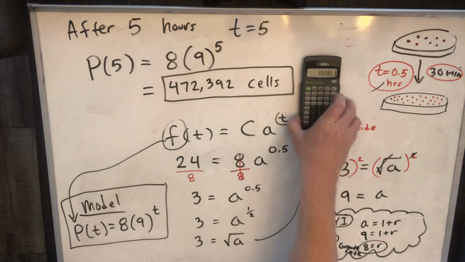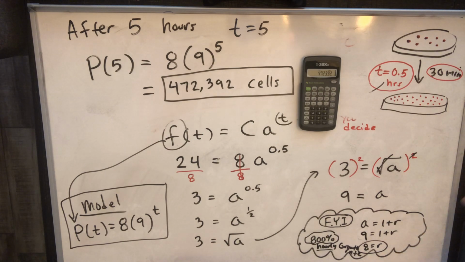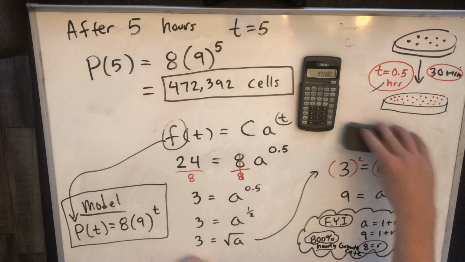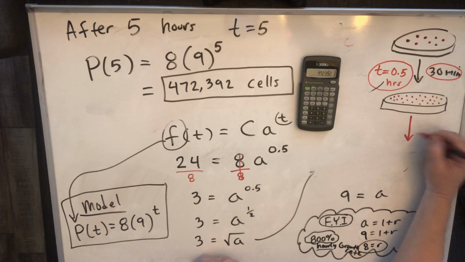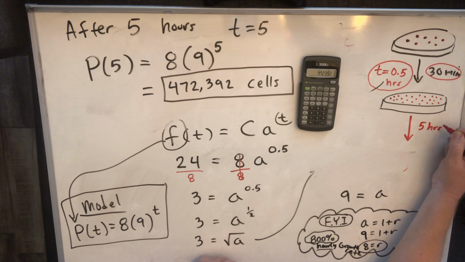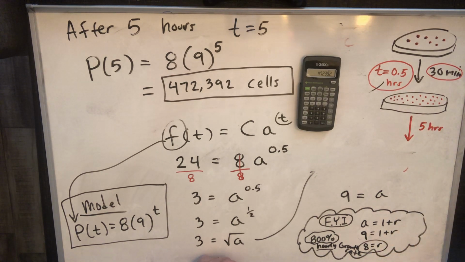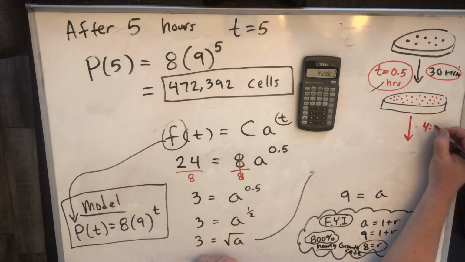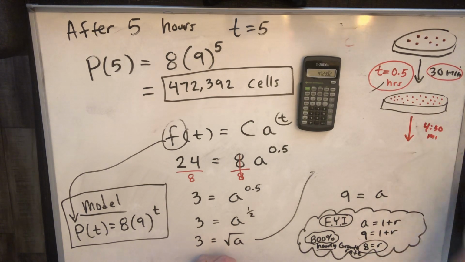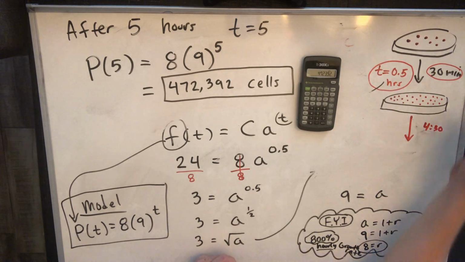Might as well do it. After 5 hours, well, it's actually 4 hours and 30 minutes, because we've already gone 30 minutes and now we're doing an additional 4 hours.